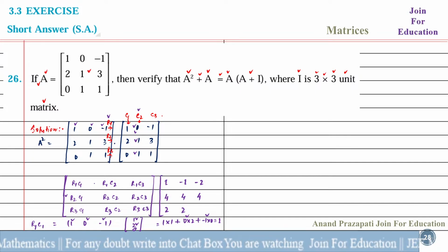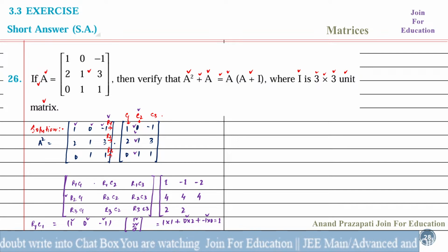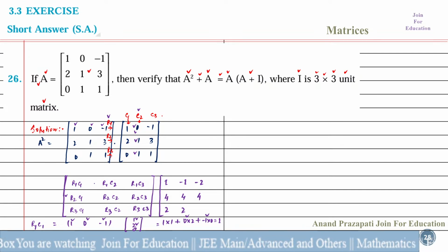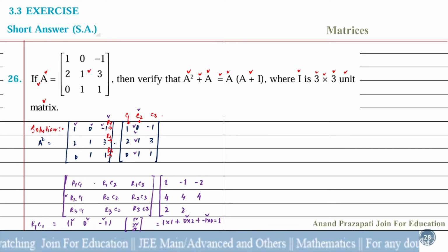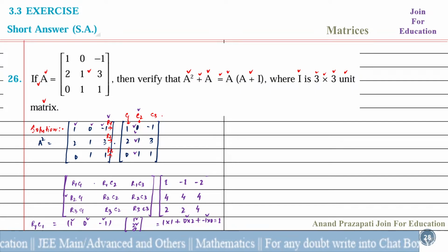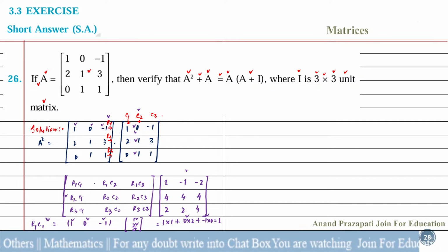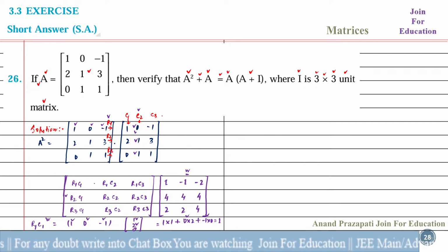And R3 C3 equal to 0 into minus 1 equal to 0, 1 into 3 equal to 3, and 1 into 1 equal to 1. So 3 plus 1 equal to 4. According to this process, we get A square equal to this one. Hope that there is no problem to understand up to this step.